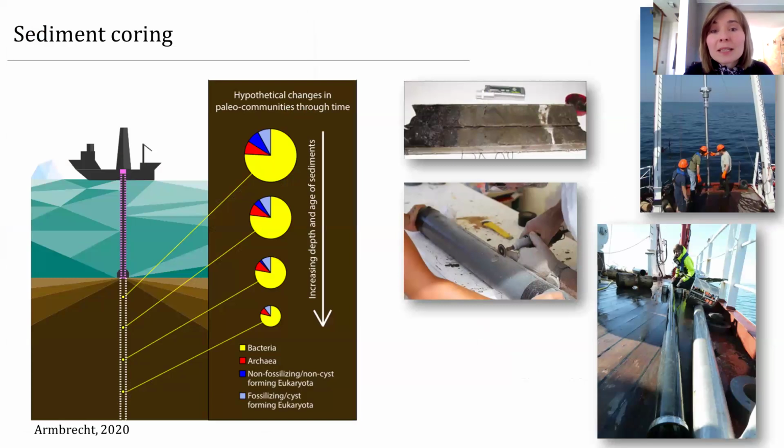So the first step is sediment coring. There are several types of cores. There are also some possibilities and some approaches, like chemical reagents, that allow us to trace the contamination during the coring process.